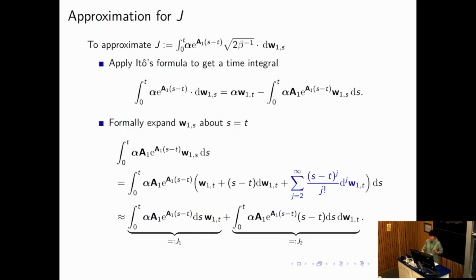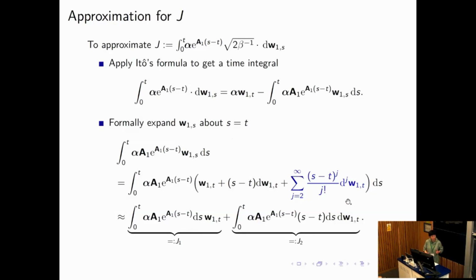And notice that there's no derivative for Brownian motion. Therefore, we cannot directly Taylor expand the Brownian motion at time t. Instead, we first use the Ito formula to convert the stochastic integral into a time integral. And then, in a similar way, we approximate everything about t, and we only keep two terms.